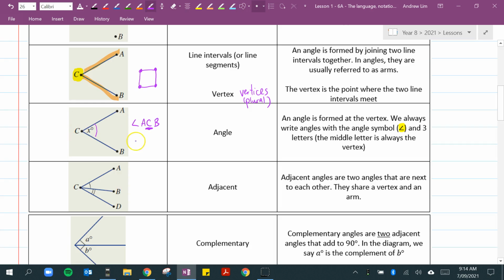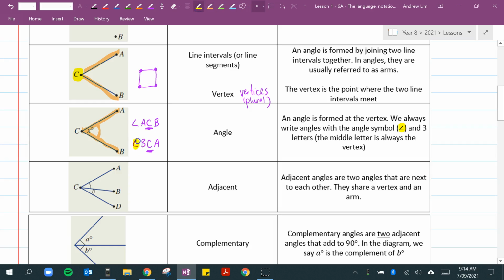We could write the other way around, angle BCA, as long as the middle letter is the vertex. So if we wanted to think about it, ACB goes from A to C to B, and that's the angle that's formed. Or the other way around, from B to C to A, forms that angle, same thing.